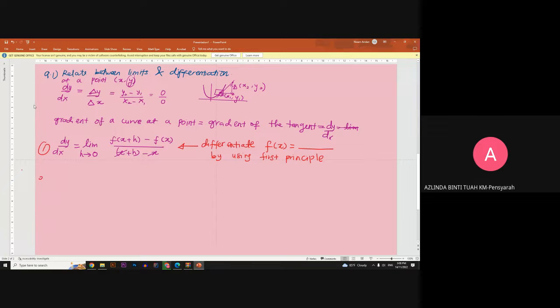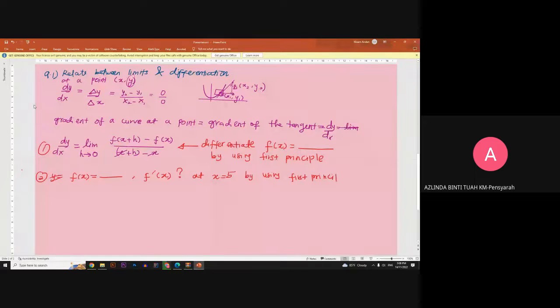What about the second formula in this chapter? When the question gives you a function, f(x) equals something, and then they ask you to find f prime x or dy dx at x equals a, where a is a value from the x axis, let's say x equals 5, by using first principle.